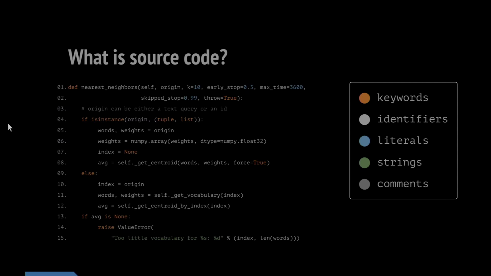We need to define what the source code is and how we can use it to extract features from repositories, because repositories are source code usually, right? Of course, on GitHub. If you try to just do source code highlighting, you will find different tokens meaning different things. You will have keywords, this orange stuff, which define the program structure.